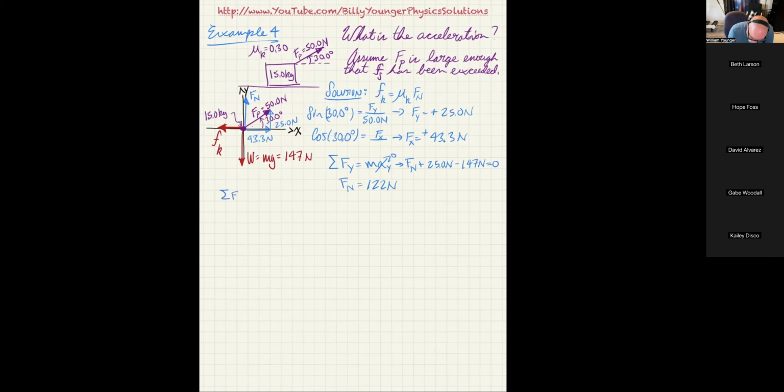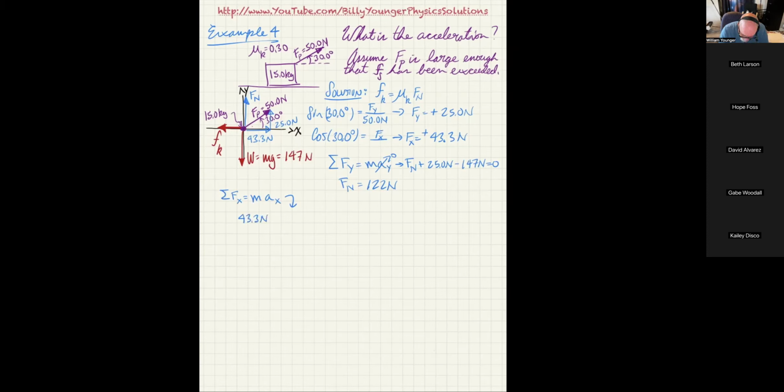Now I can do the summation of forces in the x direction equals mass times acceleration in the x direction. But again, that's the only acceleration in play here, so there's no need to actually continue writing it with a subscript. So I'm just going to go ahead and write it down. We have acting in the positive direction a force of 43.3 newtons.